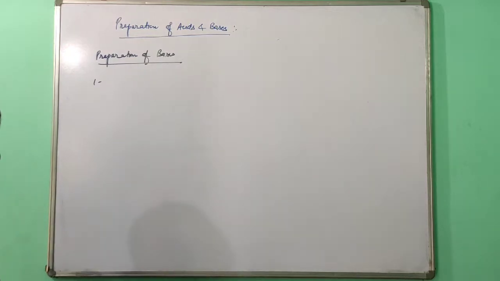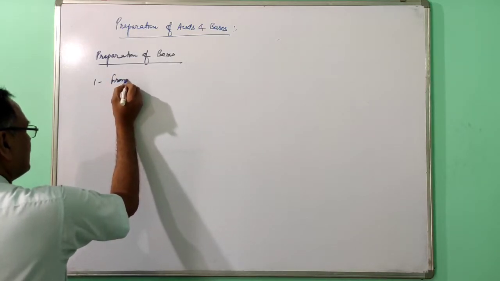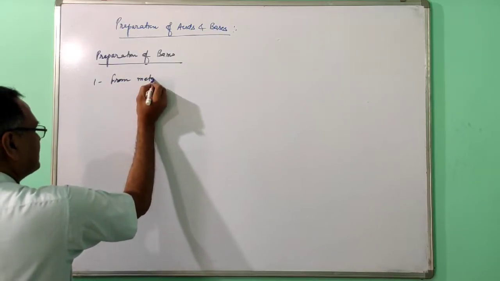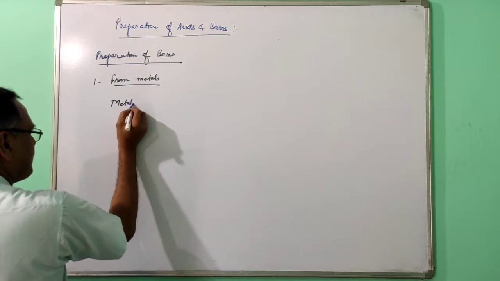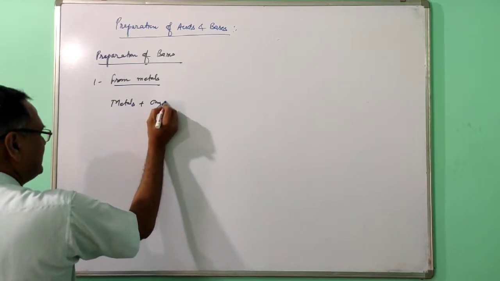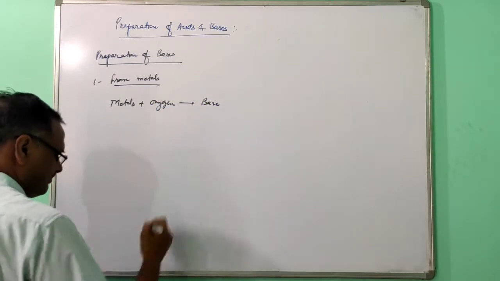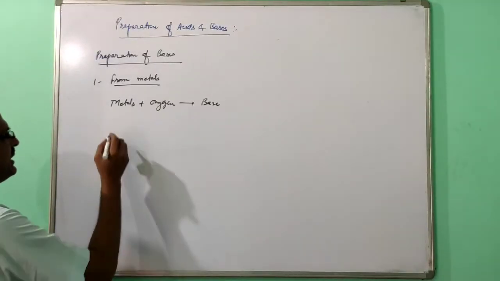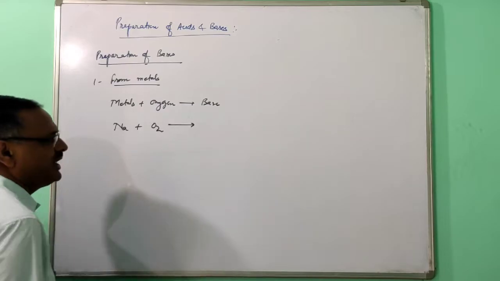The first method given is from metals. Metals combined with oxygen form base. So sodium combined with oxygen forms sodium oxide.